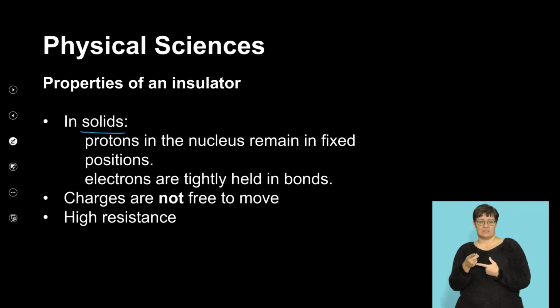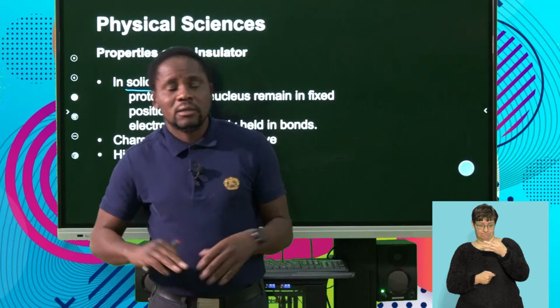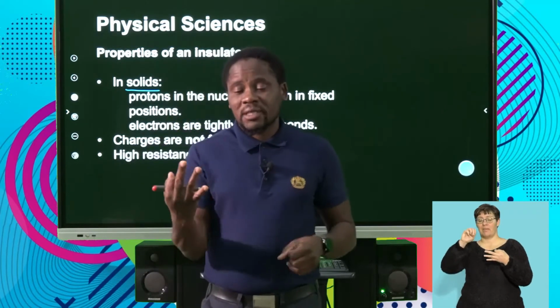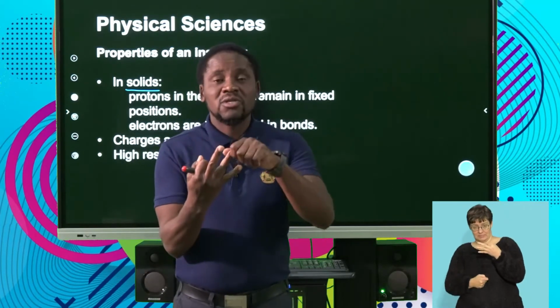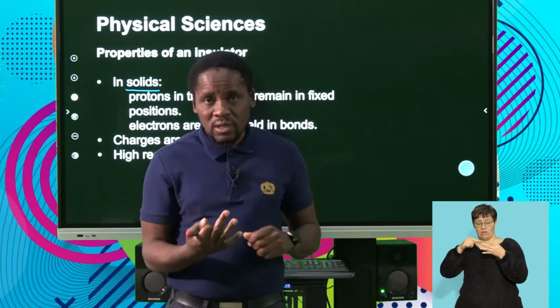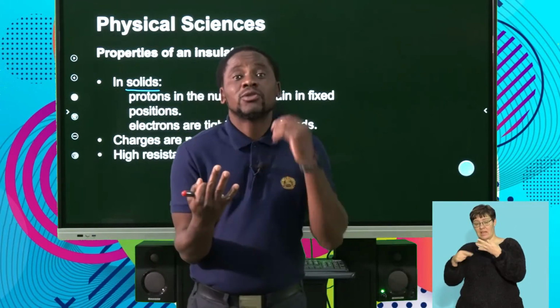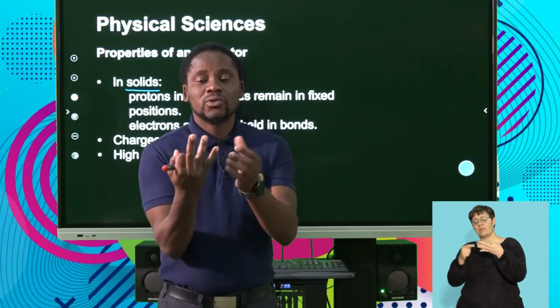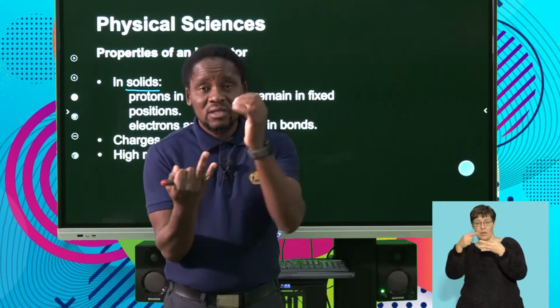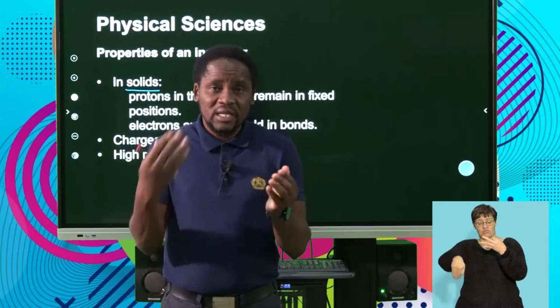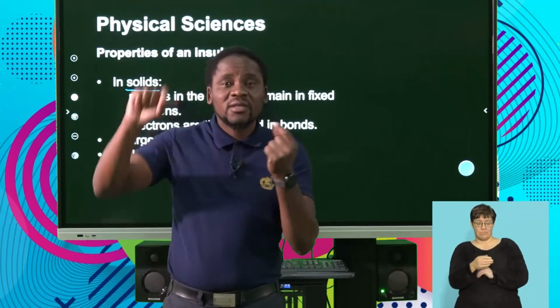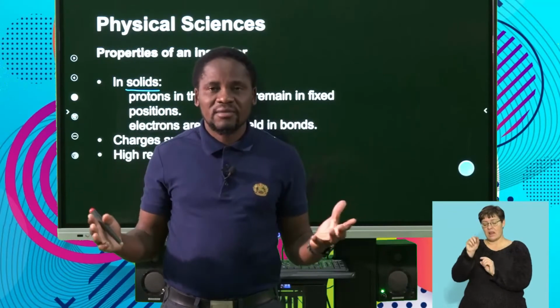We know there are three subatomic particles: the protons, the neutrons, and the electrons. If we go back to the atomic model, we know that protons and neutrons are found in the nucleus of an atom of an element, while electrons occupy what we refer to as the orbitals or the energy levels.